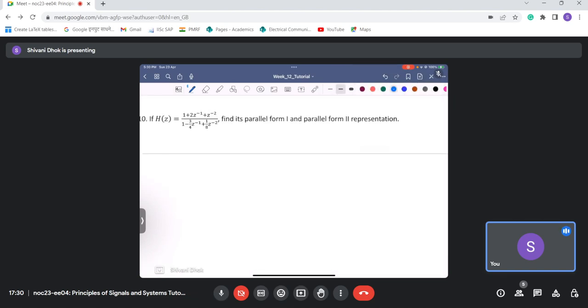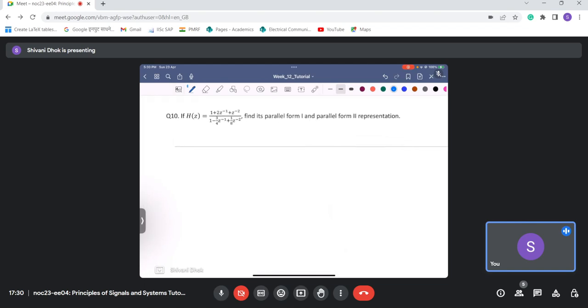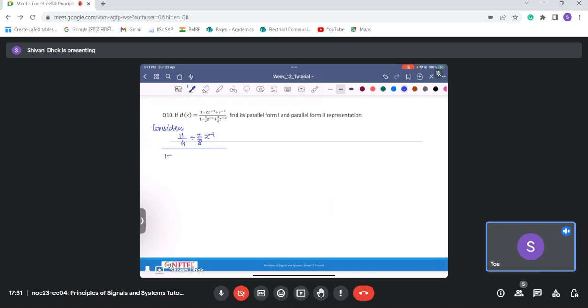So what we'll do, consider (11/4 plus 7/8 z^-1) whole divided by (1 minus 1/4 z^-1) into (1 minus 1/2 z^-1).